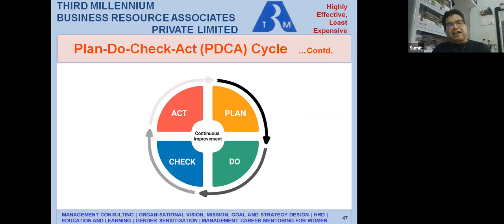After having done it, you need to check whether it is going as you had planned or not. So that is the check part of it. And whatever your findings in the check part, you have to now act on that. If it is going as per your plan, you have to now plan again for a further little improvement. And then again follow the same cycle. Right? So this is how it goes in a continuous manner.